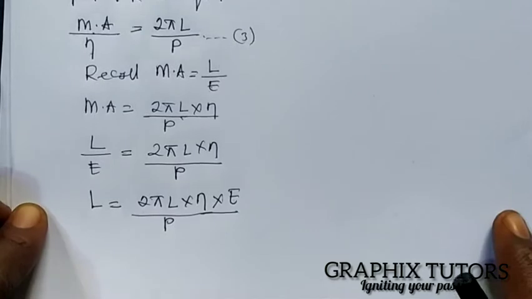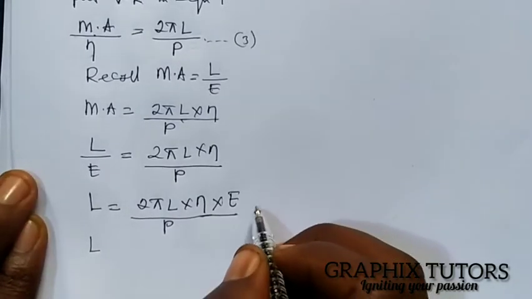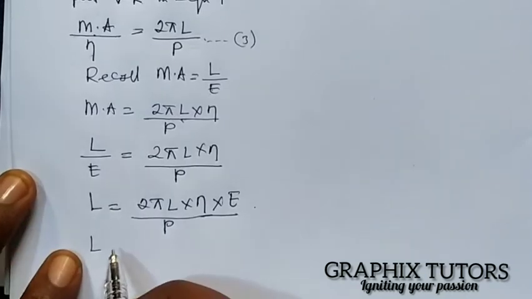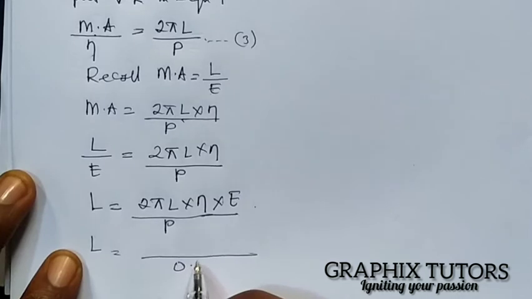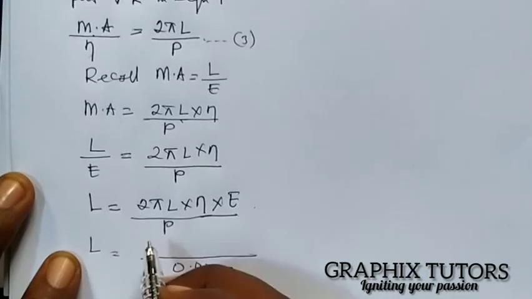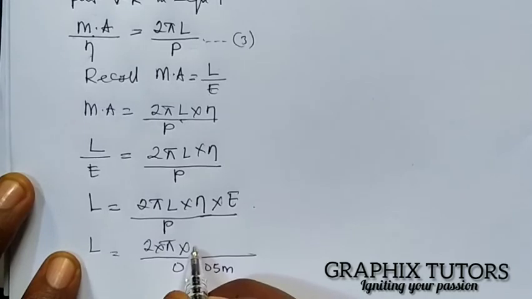So the pitch is 0.005 meter, right? Then the next one is, we have 2 times pi times the length.